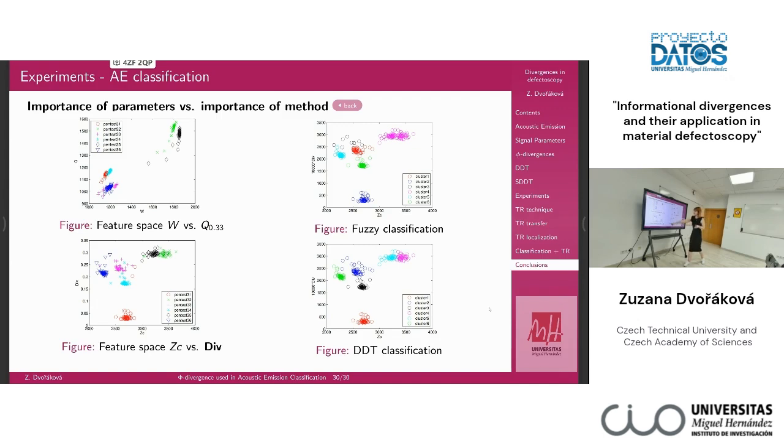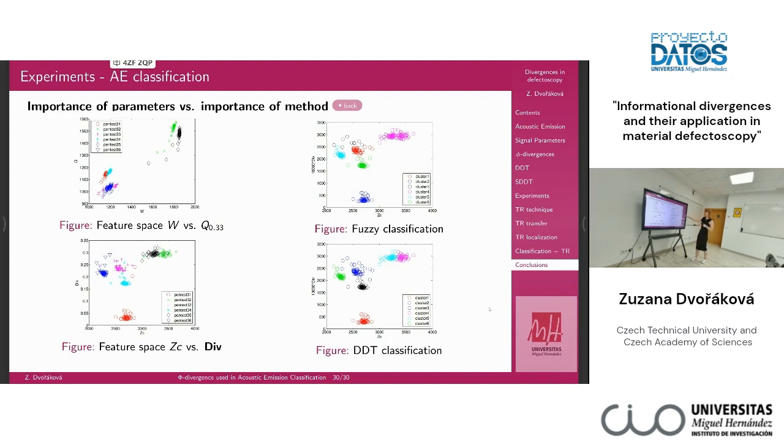So we can see that the divergence parameter works very well in the experiment, and on the right side you can see how important it is to choose a good classification method.